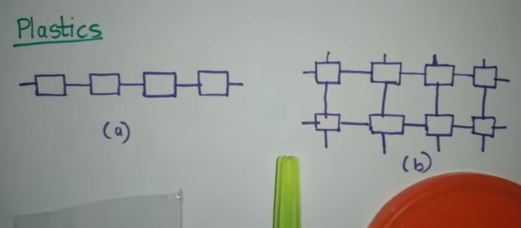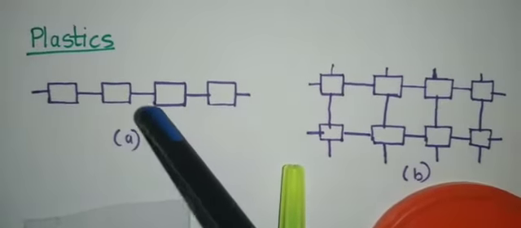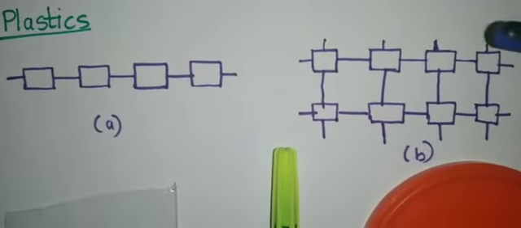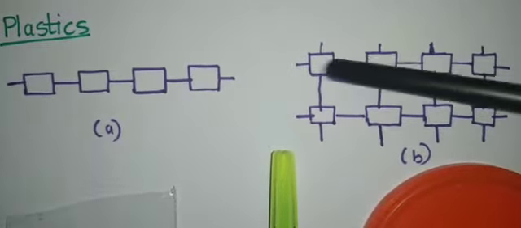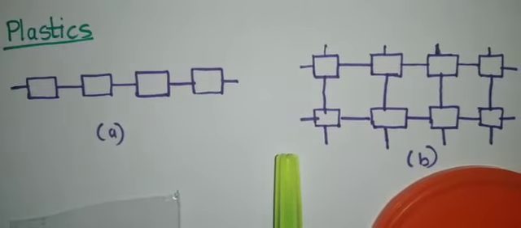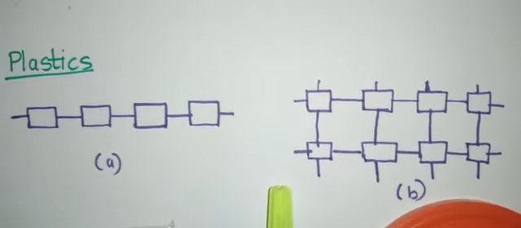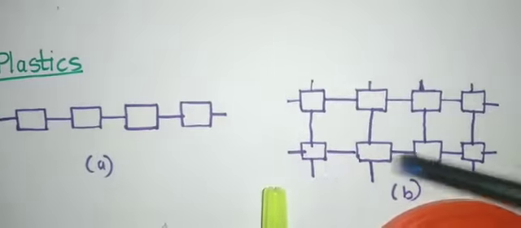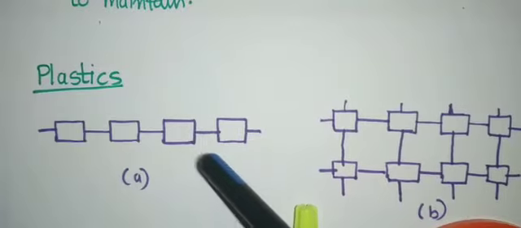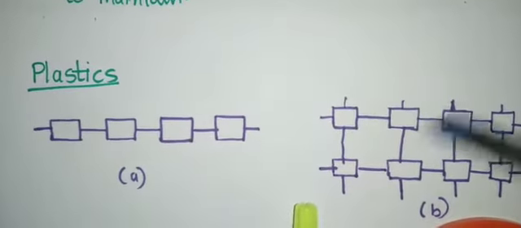In some it is a linear arrangement, and in some others it is cross linked. Cross linked means the chains are linked together at more than one point, whereas linear has only one link.